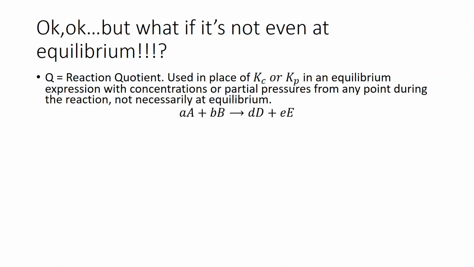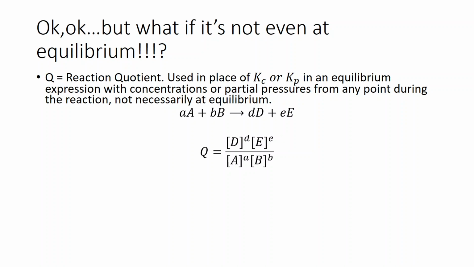So for this generalized reaction, we write an equilibrium expression, but instead of putting Kc or Kp, we simply put Q to state that the reaction may be at equilibrium, but also may not, right?